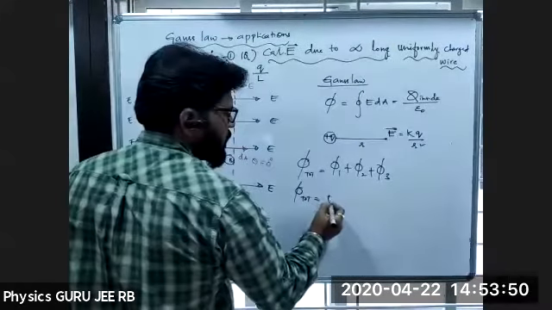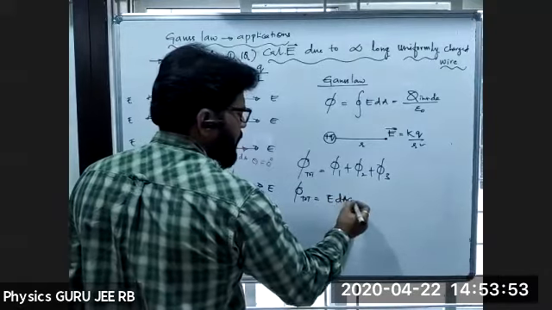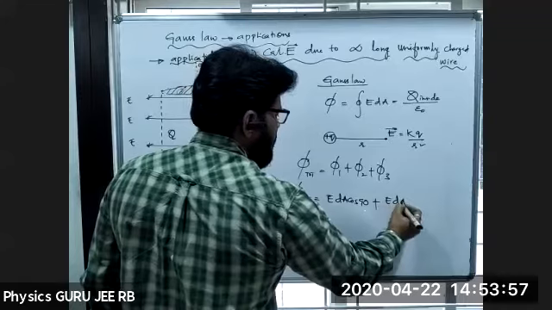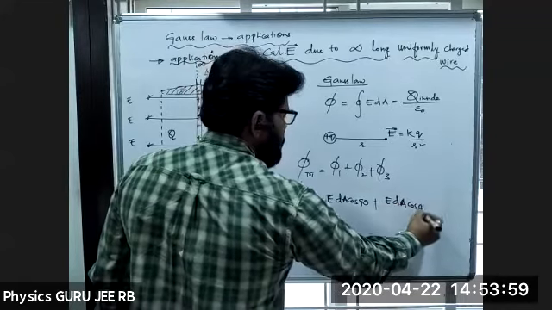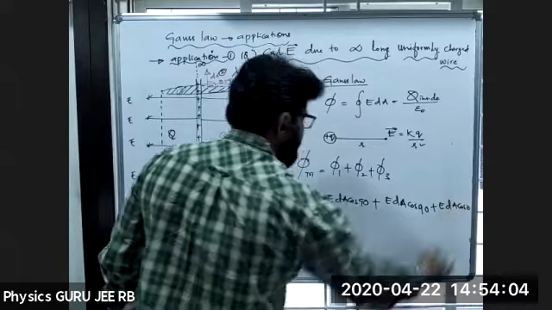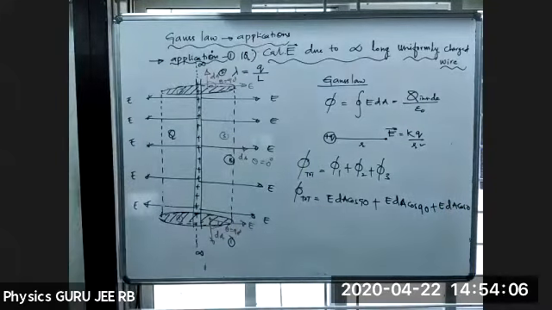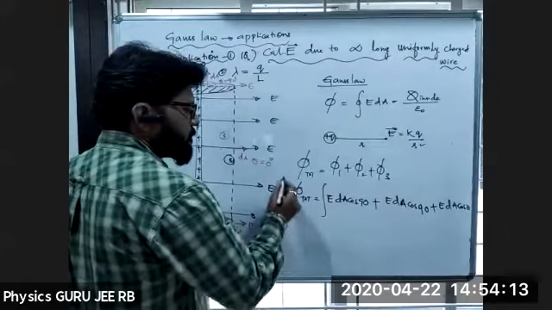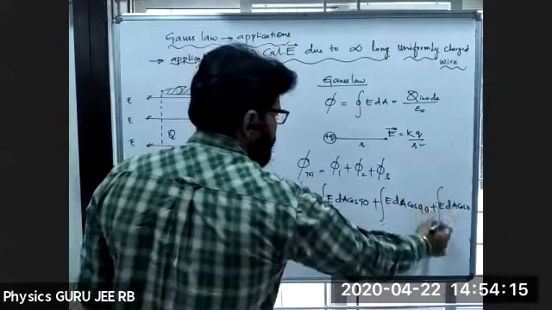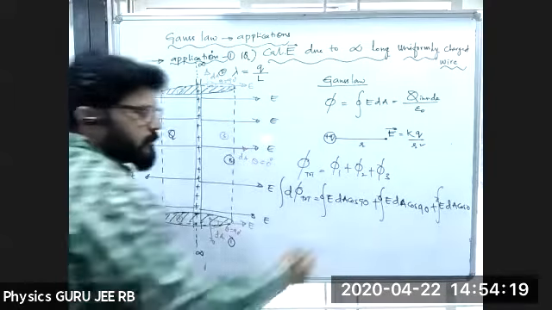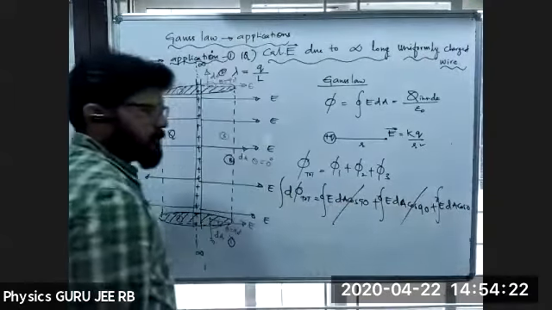I can write E dA cos 90 plus E dA cos 90 plus E dA cos 0, as a closed integral. The first two terms will get cancelled.